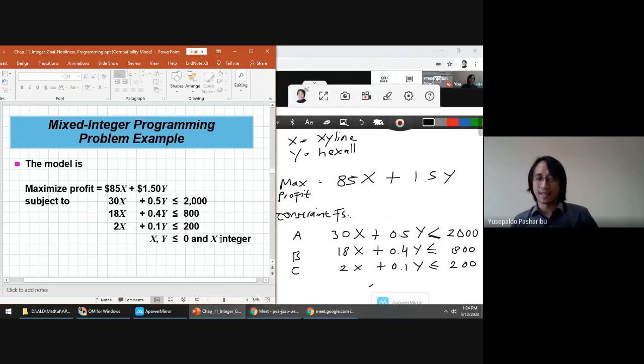The last constraint is non-negativity, with x being an integer, and that means y can be non-integer. Then let's solve it using QM.